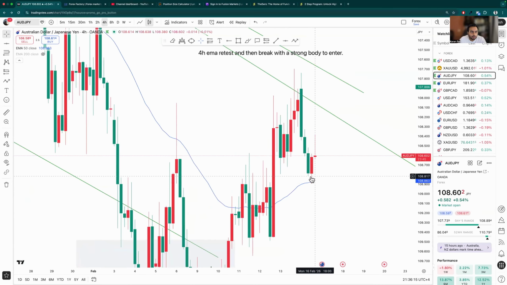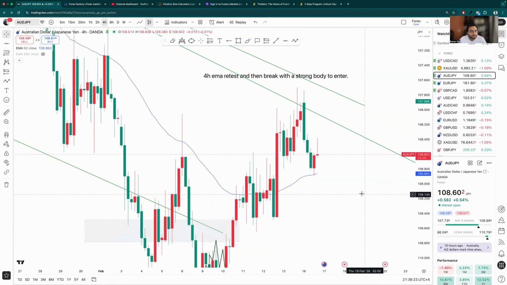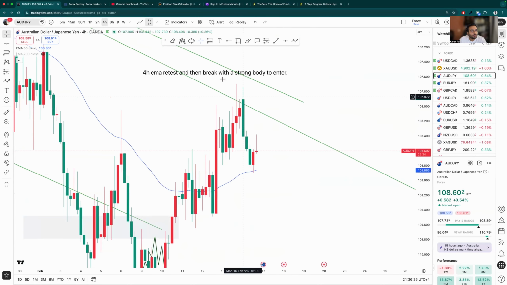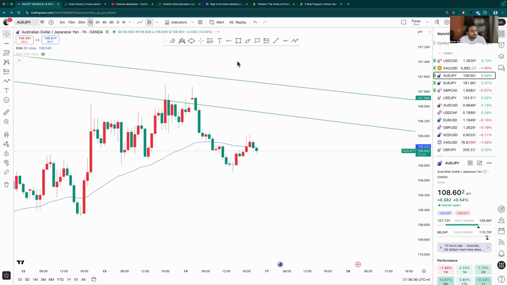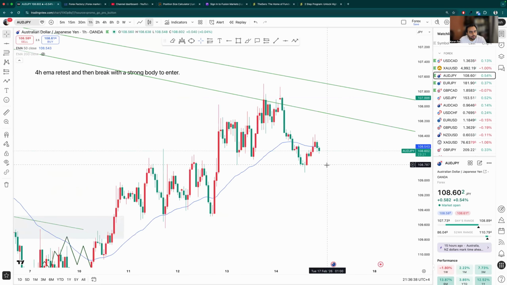But right now, it's also at the 4-hour EMA retesting it, and I don't know exactly what it can do. So what I want from price is to go up, create a leg or an elbow, and then come down again and break this on the 4-hour time frame.